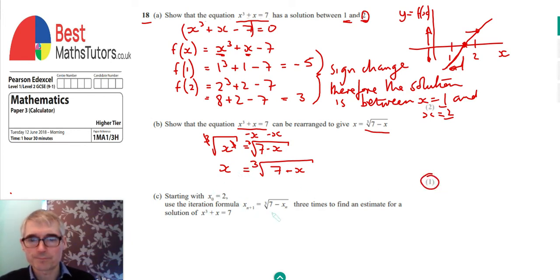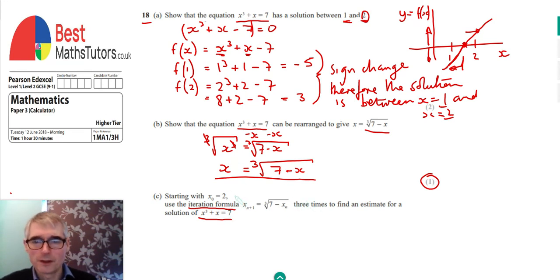process there. Then what we've got to do is actually use this as an iterative formula. So use the iteration formula, which is the one we've just worked out, to estimate a solution of this x cubed plus x equals 7.